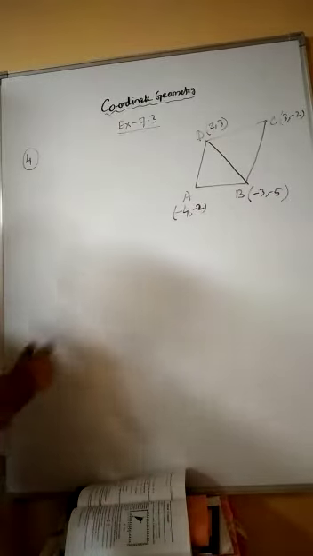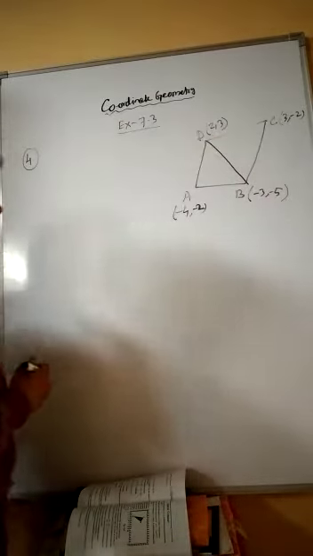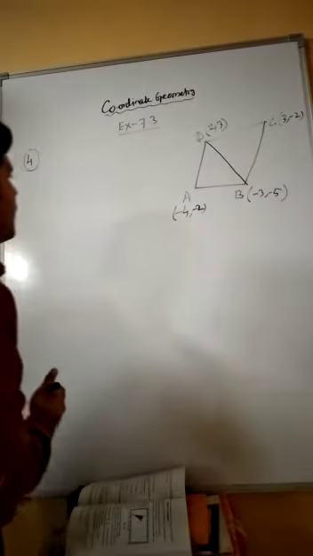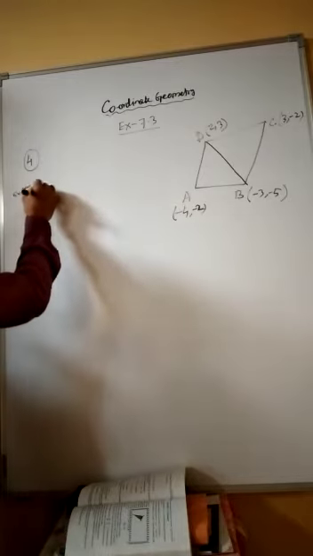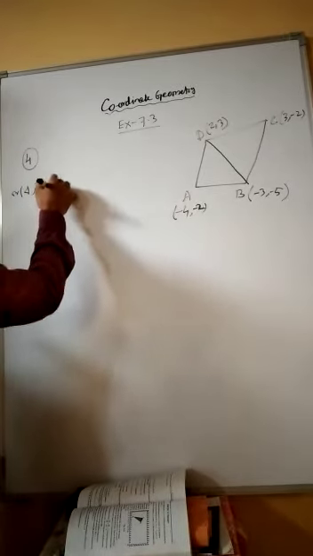I have joined BD. So separately we have to find out the area of each triangle by using the formula. Then we have to join them, and we will get the area of the full quadrilateral. So what is the area of triangle ABD?